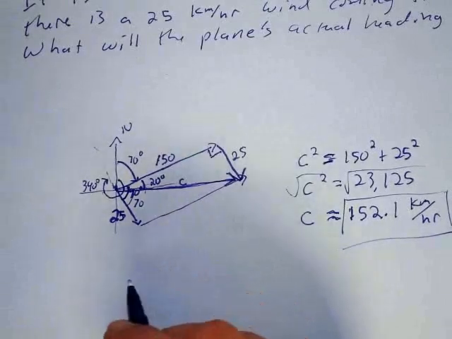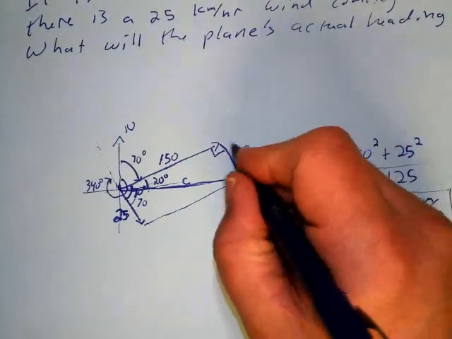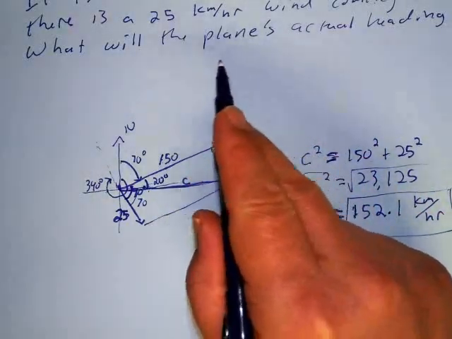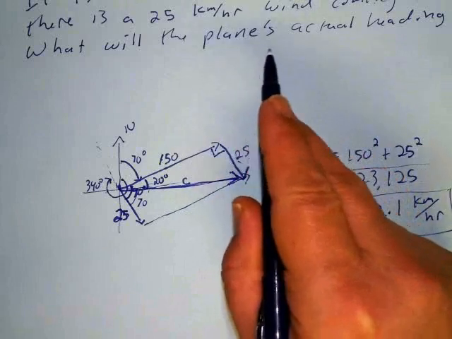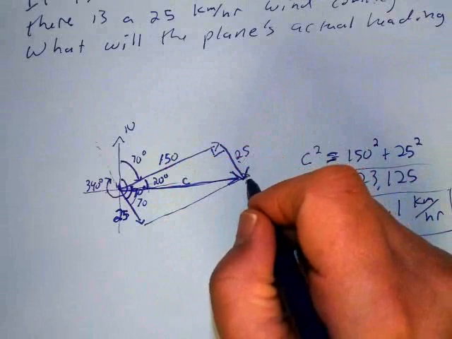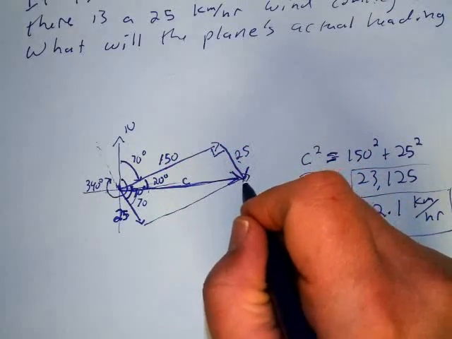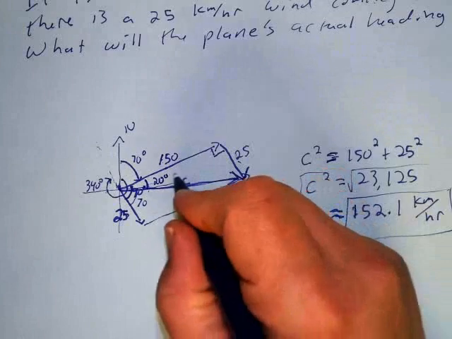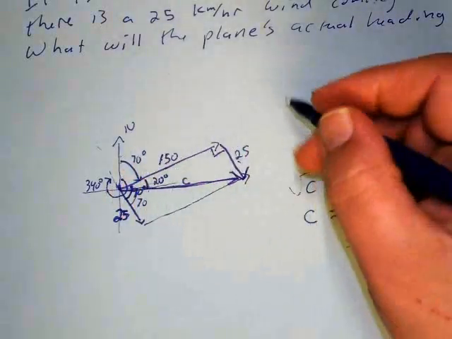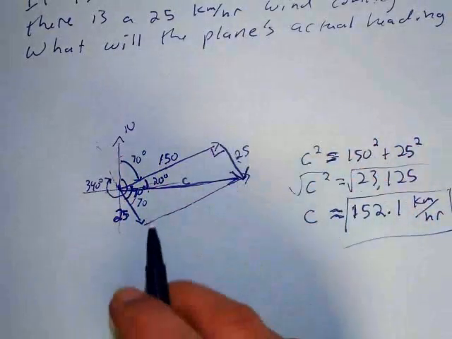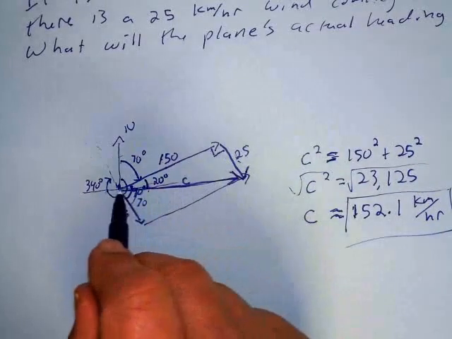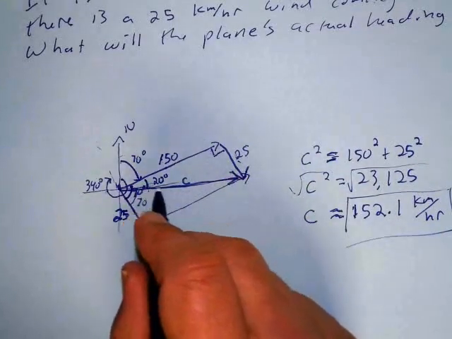And I don't need to use the law of sines because of what it asks: what will the plane's heading be? So what I want is the actual bearing from here to here. Now I need to be really careful here because I do not want to assume that this here is the same as the x-axis.